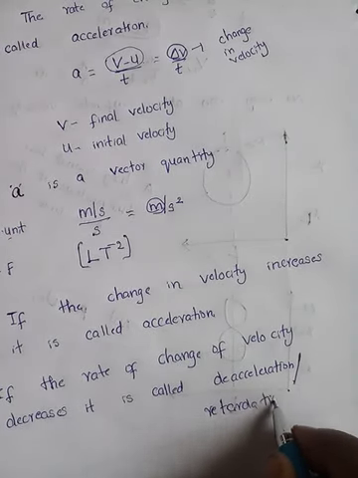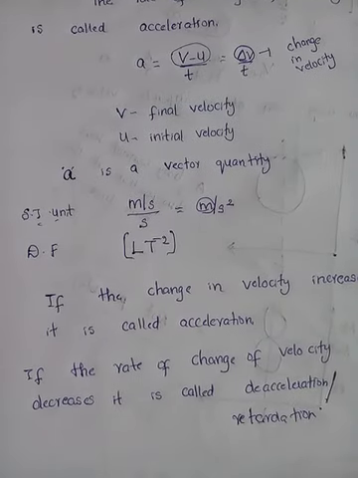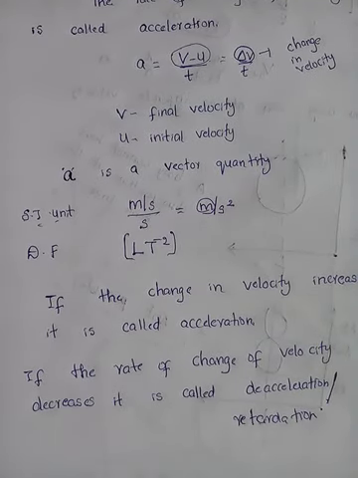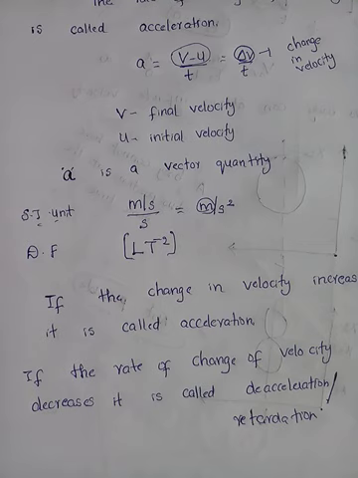If a is positive, it is called acceleration. If a is negative, it is called de-acceleration or retardation. So here we also have 4 types of acceleration that we will continue in the next class.